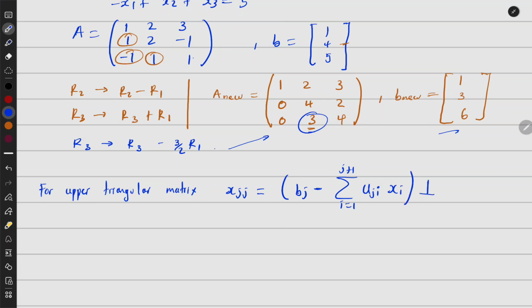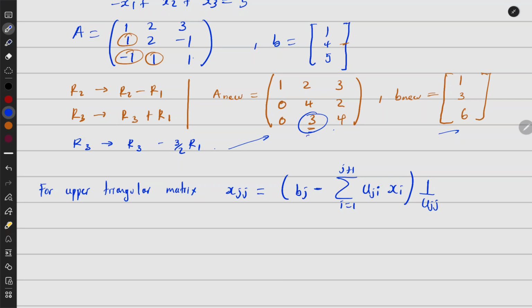And this is 1 over ujj, something like that. So after completing this into the row, after removing this, then you can use our algorithm to solve for the x values.